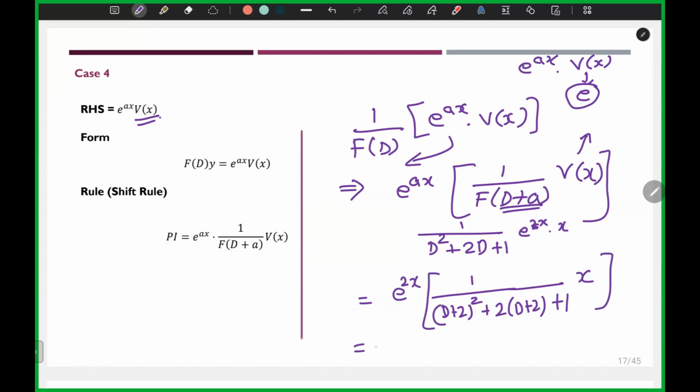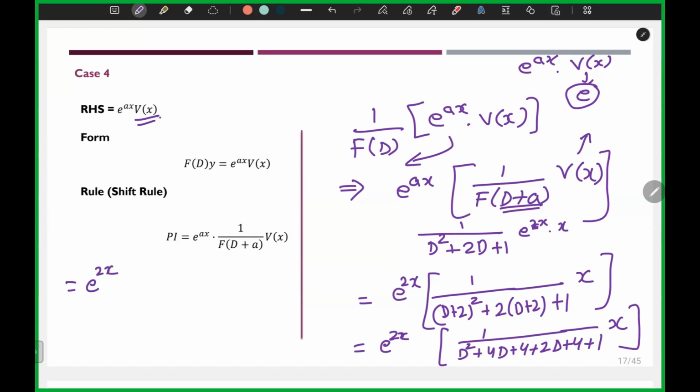So now we have to deal with this. It is nothing but D square plus 4D plus 4 plus 2D plus 4 plus 1, into x. So it is nothing but e to the power 2x times 1 upon D square plus 6D plus 9 into x.